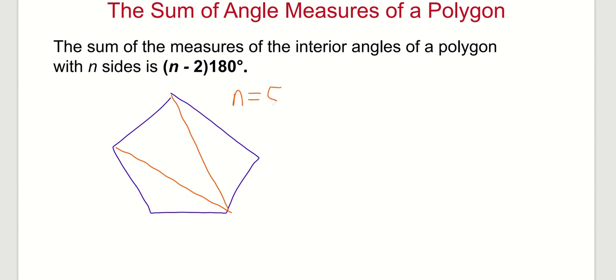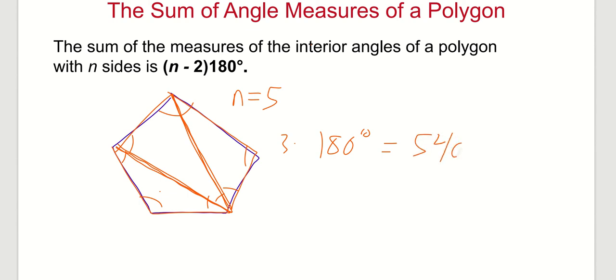So the pentagon has 5 sides, and notice that it's broken apart into 1, 2, 3 triangles. If I add up the angles of all 3 of those triangles, well, we know each triangle adds up to 180, and if we have 3 of them, that should give us 540 degrees.